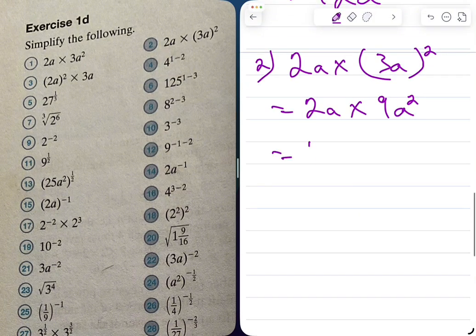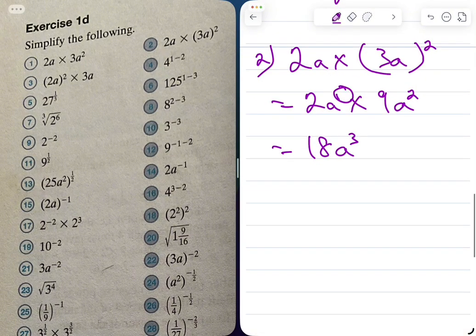That simply means 2 times 9, 18. A times a square, that's a raised to power 3. A is a raised to power 1, so a raised to power 1 times a raised to power 2 is a raised to power 3. Just add the powers 1 and 2. And that will be a raised to power 3.